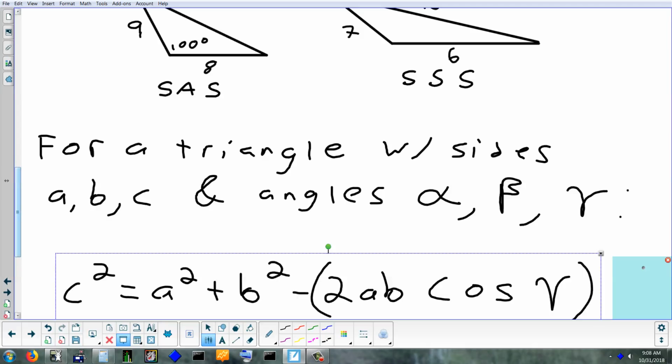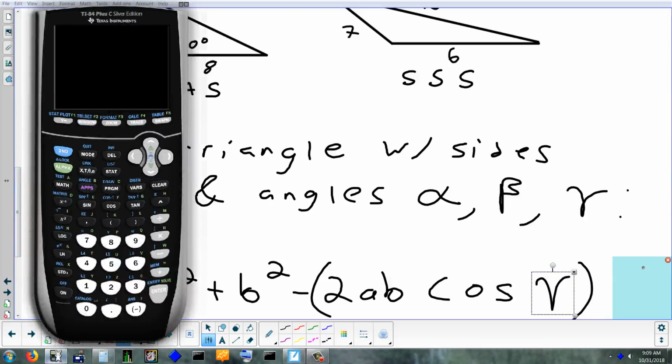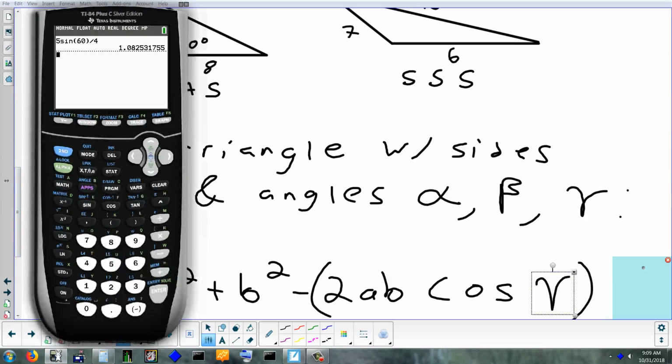Now, let's pretend that we tried to use this on a problem that had a 90-degree angle. So let's pretend that gamma was a 90. Let's plug in 90 for gamma, and take the cosine of 90 and see what happens. I get 0. And then 0 times 2 times A times B would be what? 0.